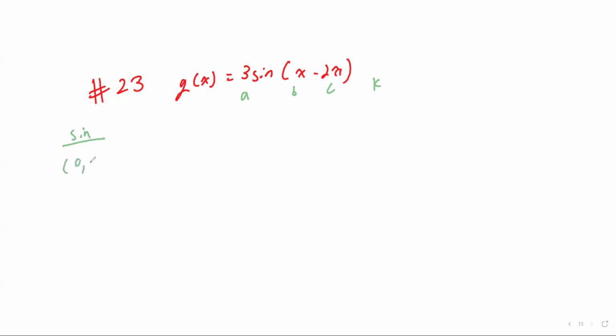We'll call them old points. We have 0, 0. Then we have pi halves, comma 1. Then we have pi, comma 0. Then we have 3 pi halves, comma -1. And then we have 2 pi, comma 0. So now we want new points for sine.